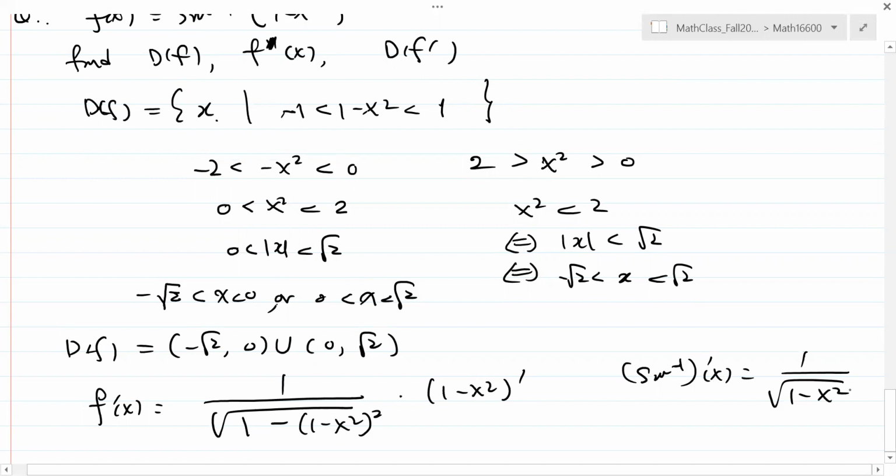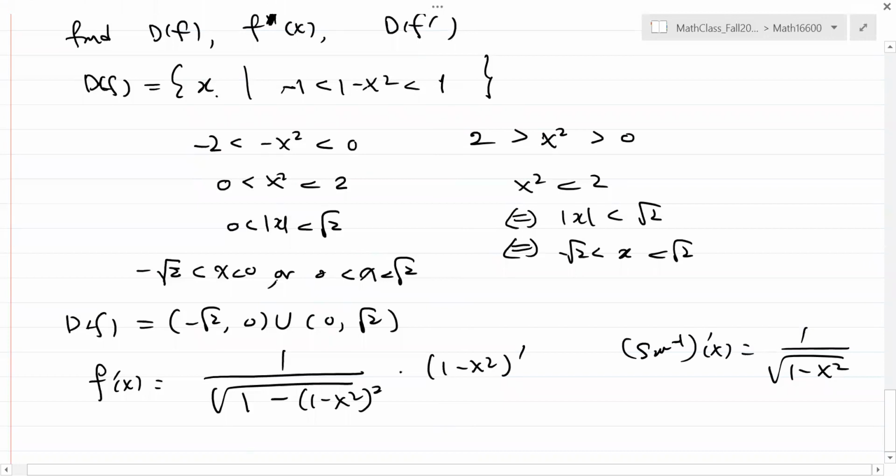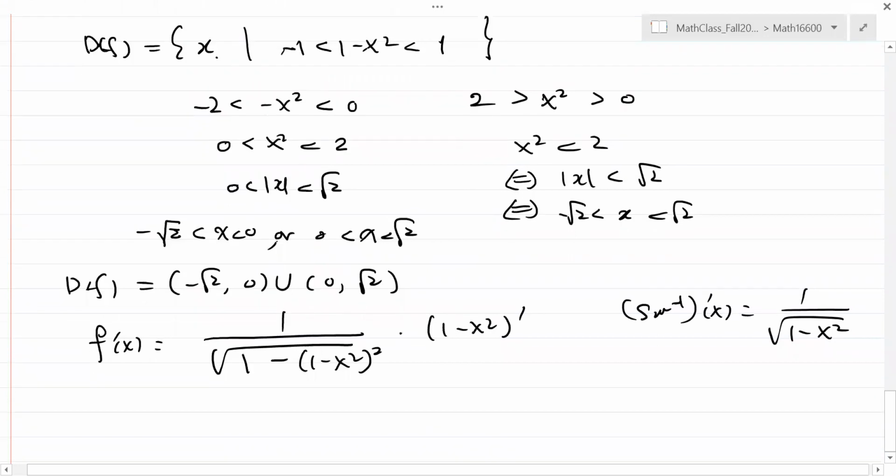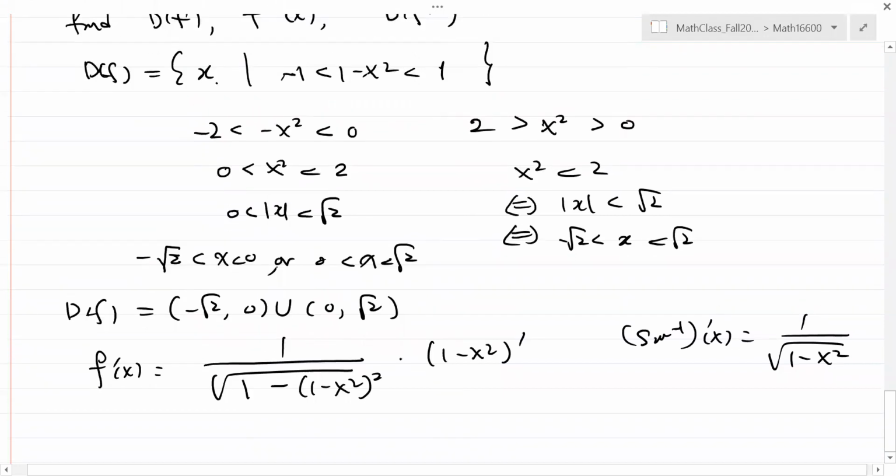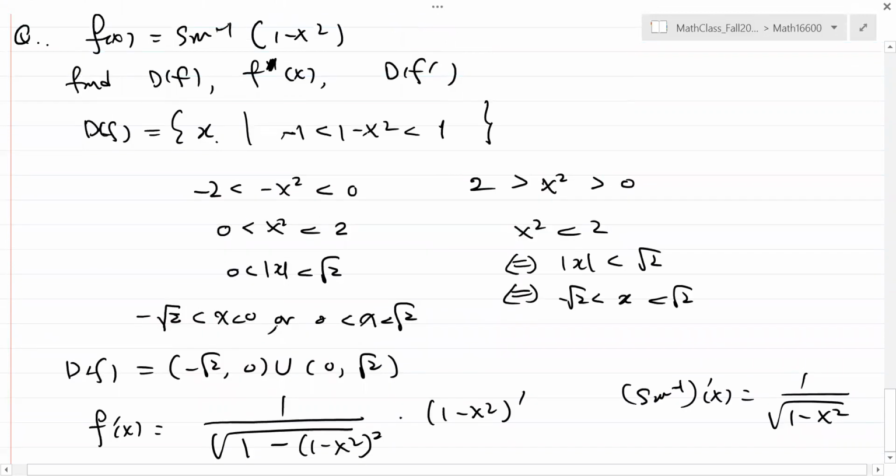Here x is replaced by 1 minus x squared. So your function is the inverse sine of parenthesis 1 minus x squared.